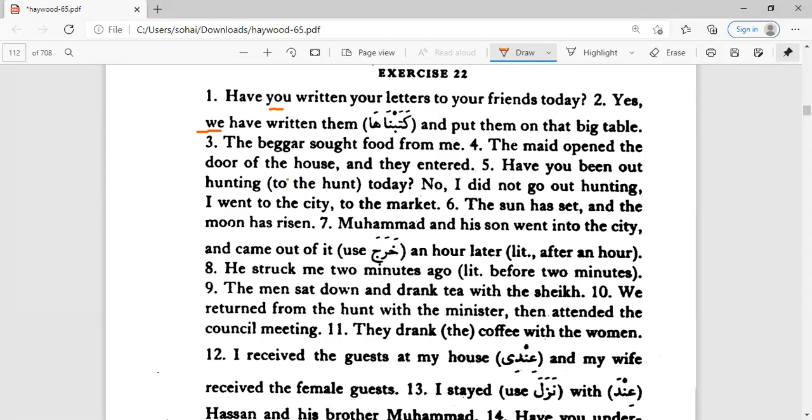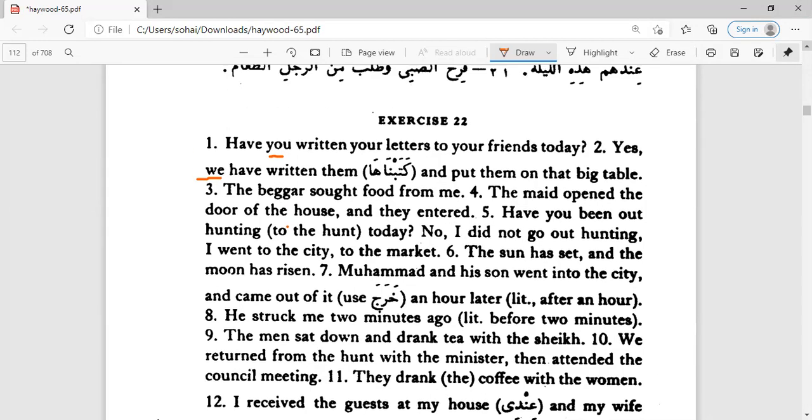So you're asking the question to a number of individuals, and we can assume it's three or more based on the context, based on the second question. So when you say "have you written", you can say hal or a. So just say hal. Have you written?